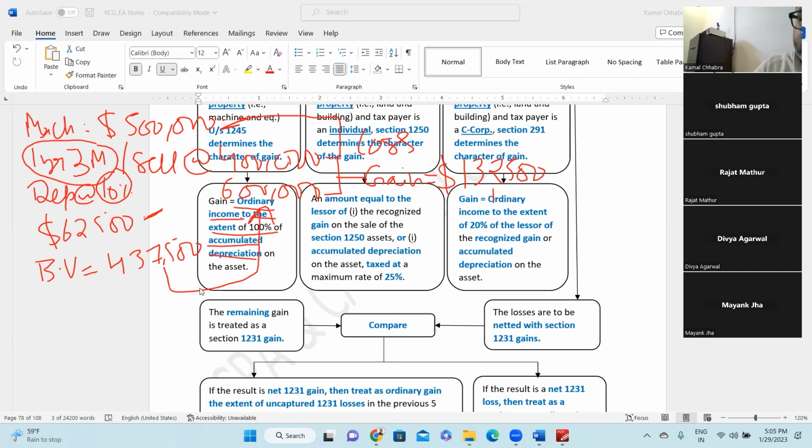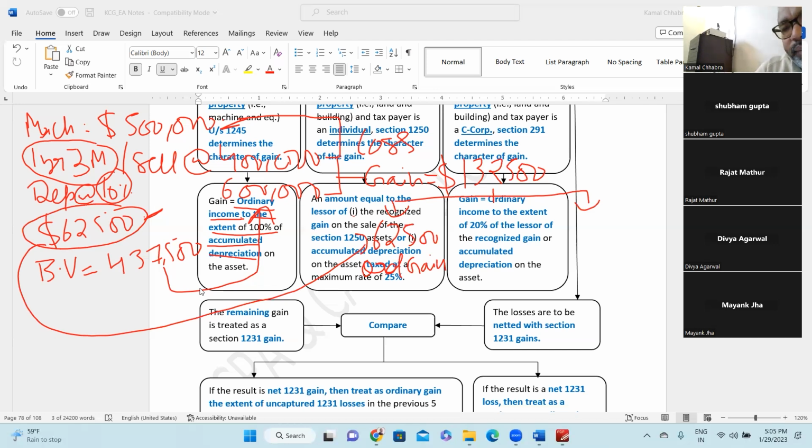In that gain, they are saying you need to divide into 2 parts. One is up to your depreciation amount, which is 62,500. That will come under ordinary gain. And what is remaining? $70,000, right? Sorry, my bad. The 70,000 is capital gain.